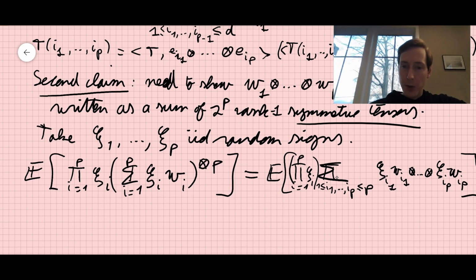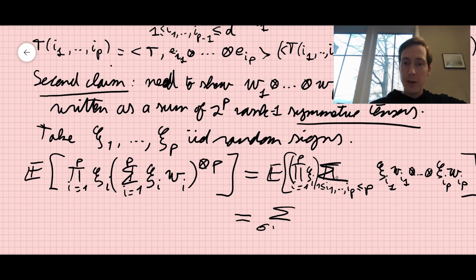So this is going to be equal to the sum over all permutations sigma of 1 through p.